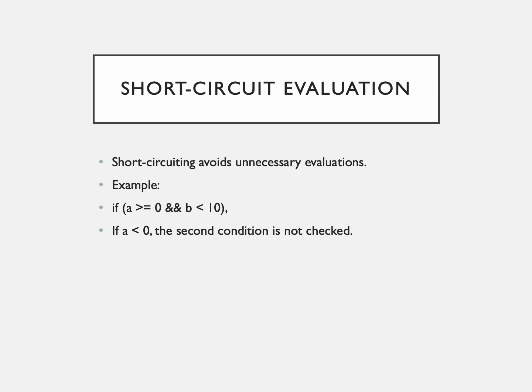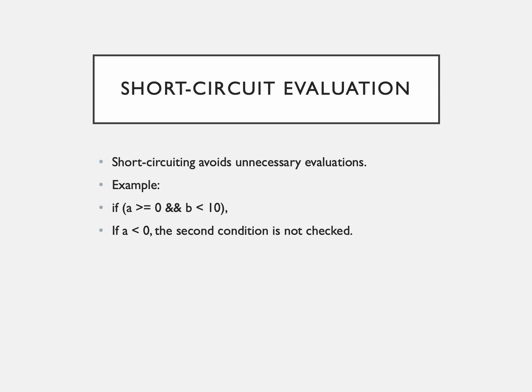Okay, now let's see an important concept in Boolean logic, short circuit evaluation. What is short circuit evaluation? It is a technique used by programming languages to optimize the evaluation of logical expressions by skipping unnecessary conditions. It works with logical and and logical or operations.